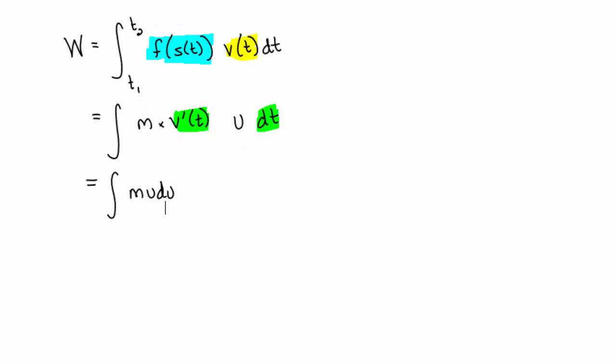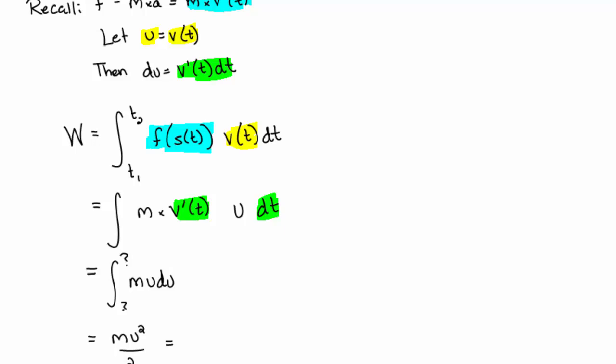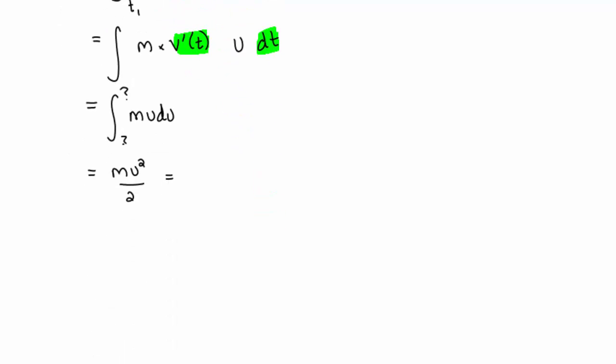And I'm not going to actually integrate this yet. I'll leave the limits as question marks and I'll worry about the transformation in a moment. So this is mass times u squared over 2. However, u is just v of t. So that's equal to mass times v of t squared over 2.